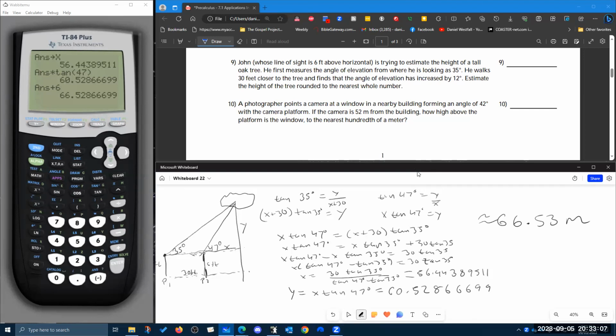So 67 feet. I was going to say that's too large for a tree. Okay, 67 feet sounds better. That's still a really big tree.